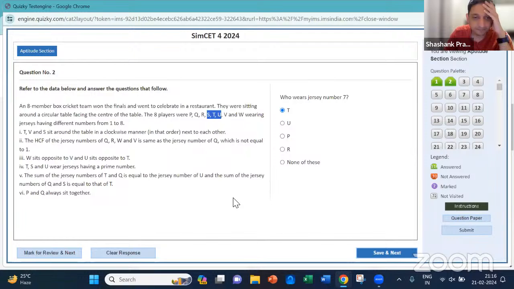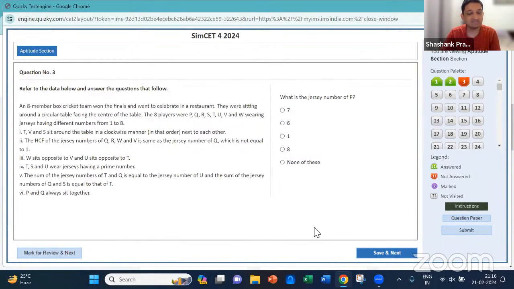Jersey number 7: T plus Q is equal to U, and Q plus S is equal to T. So Q is 2, S is 3, T is 5, and U is 7. Perfect. I think I have got it.